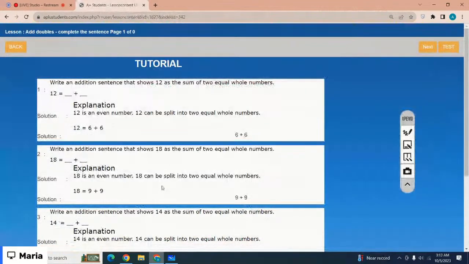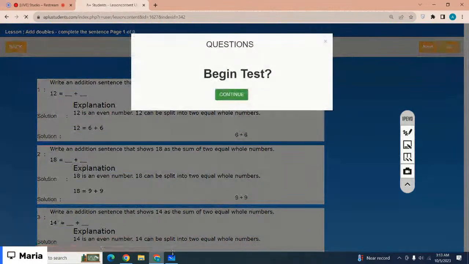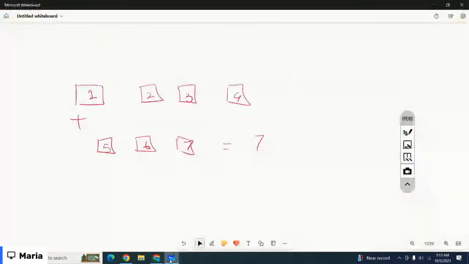Like we just did, we are adding two numbers that are exactly the same. Like 4 plus 4, you are adding the same numbers. So 4 plus 4 makes 8.